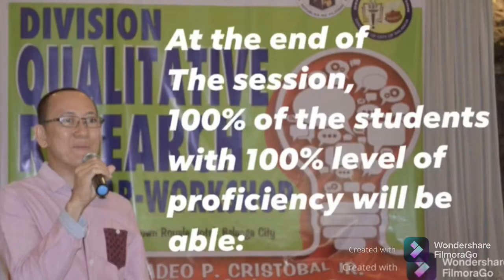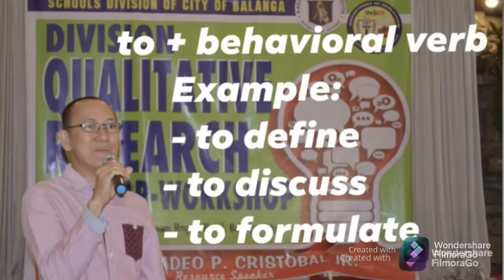And the following are the elements. One, you have to remember the opening phrase. What's the opening phrase? At the end of the lesson, at the end of the session, 100% of the students with 100% level of proficiency will be able to. Then you enumerate the objectives starting from an infinitive.